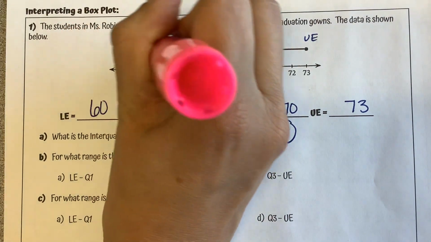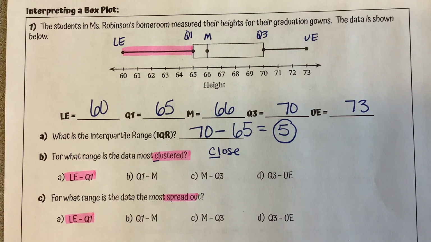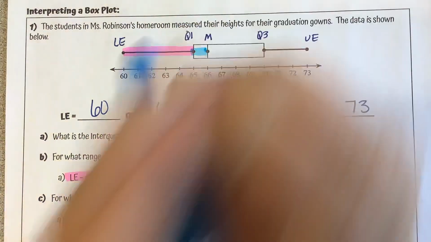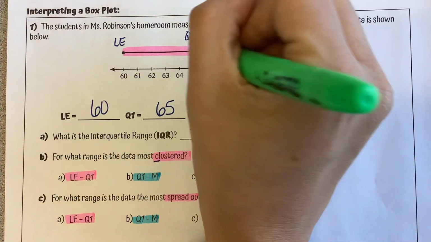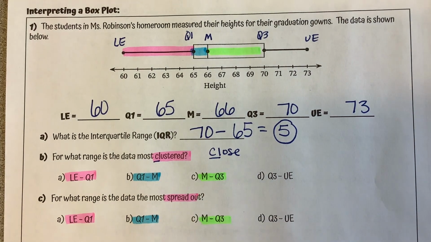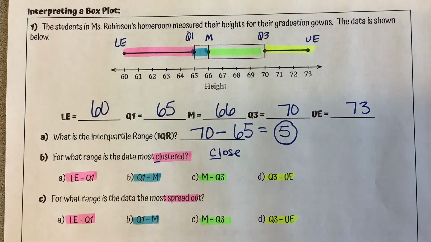We have the range of my lower extreme to Q1, and I'm matching it up in those 2 problems. Then we have our range, our Q1 to the median, which is right here. Then we have our next one, our median to the Q3. And last, Q3 to the upper extreme.